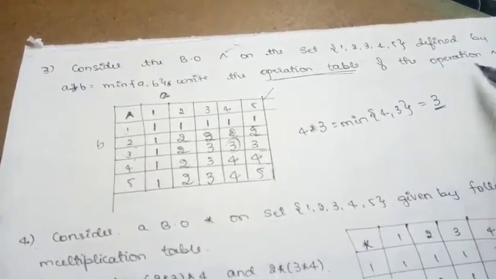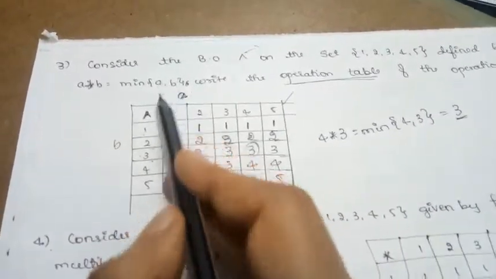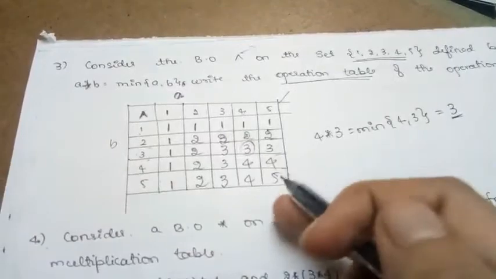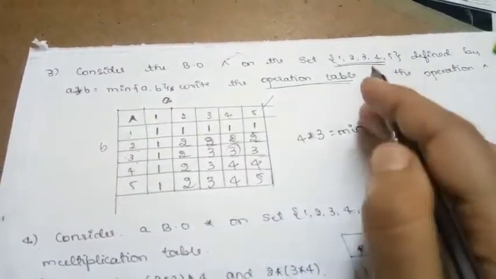Now by looking into the operation table, how can you say it is a binary operation? Because whatever values you can see inside the operation table, all those elements belong to the given set. There is no element which is out of the set, so it is a binary operation.